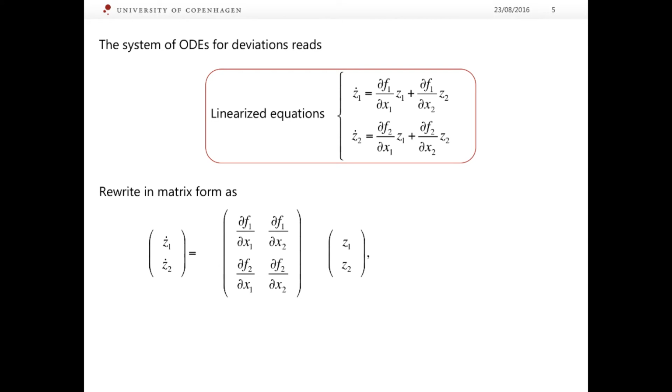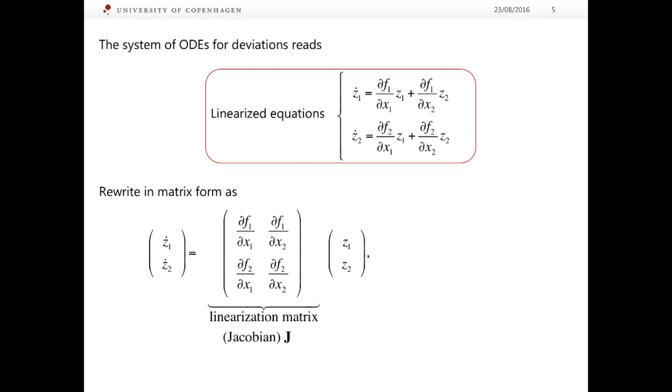In the left-hand side, we write down a vector consisting of the time derivatives of z1 and z2, and this is equated to the product of a certain matrix and the vector of deviations with components z1 and z2 itself.